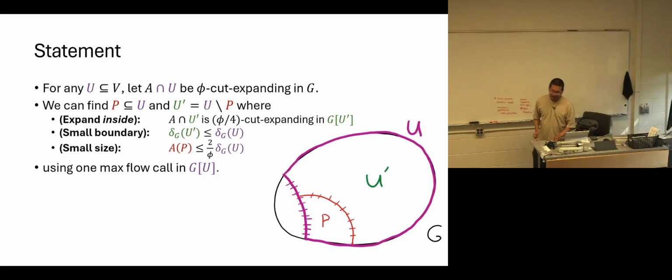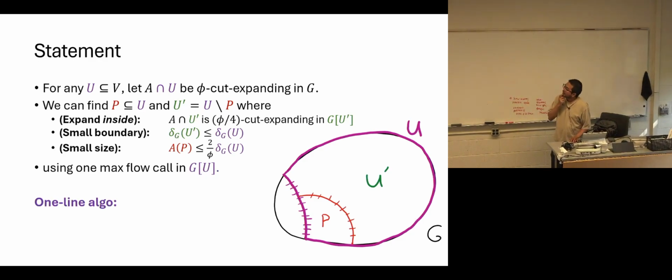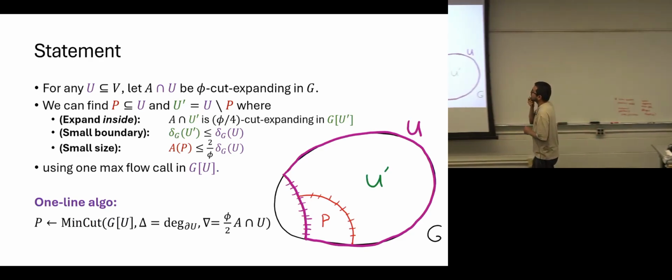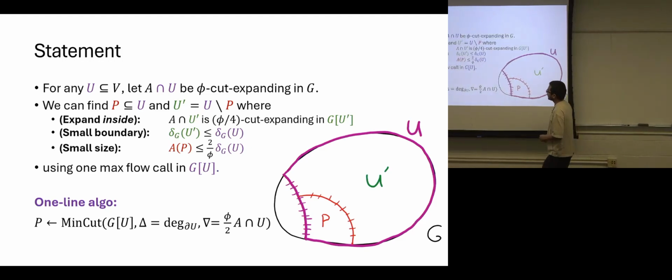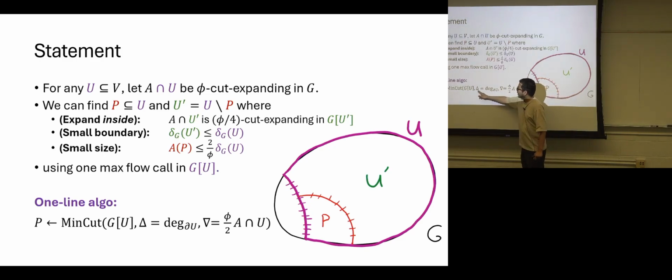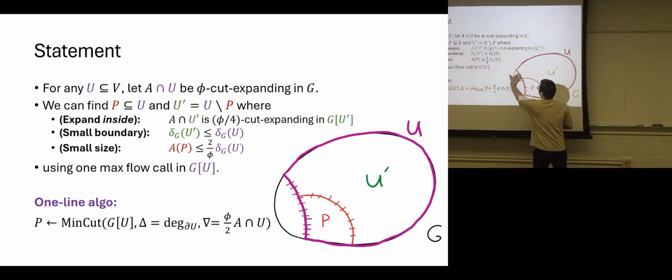Question? Okay, so here's the algorithm. It's just this. You imagine that you try to send flow, compute max flow and min cut, where the source is on the boundary of U. Just imagine that each edge here tries to send flow. And the sink is inside U, but scaled down by phi over 2.